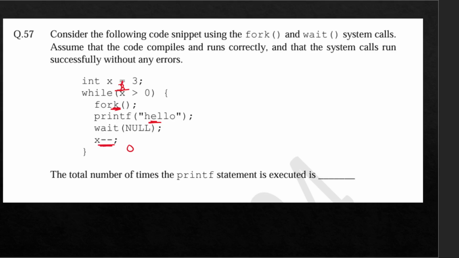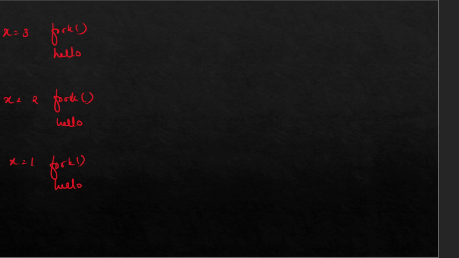So let's see how it is executing now. Basically, what are we going to get? Let's see this properly. One line we are going to get like this. See this line properly.